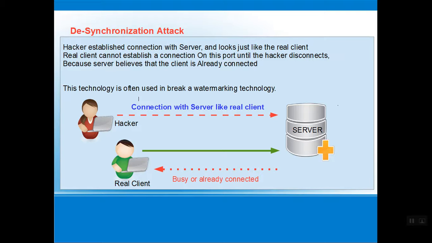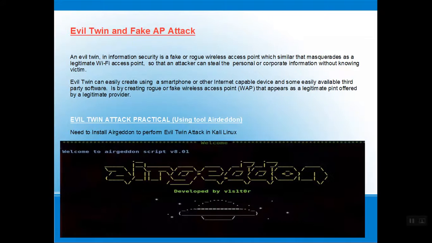The hacker has performed this with his hacking skill, making a virtual connection in between. So this is a desynchronization attack. That means the connection has been established by the hacker, but it is only virtual. When the real client wants to access, it shows that it's already connected. So this is the desynchronization attack.